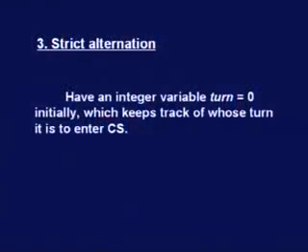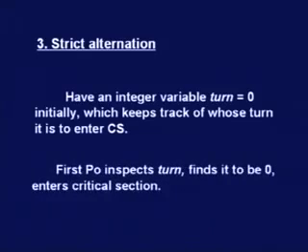The third solution that was proposed is what is called strict alternation. So, we have an integer variable called turn, whose value is 0 initially, and this keeps track of whose turn it is to enter the critical section.